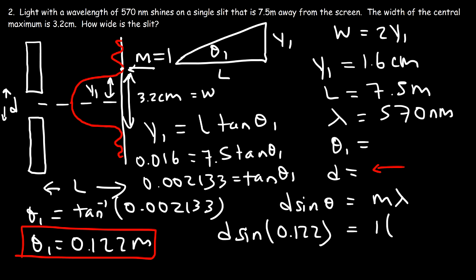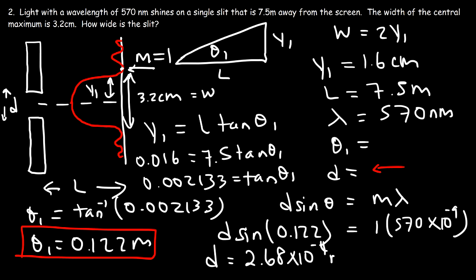And lambda, that's 570 times 10 to the negative 9. So it's 570 times 10 to the negative 9 divided by sine of 0.122. And so in this example, D is 2.68 times 10 to the negative 4 meters. So if we divide that by 10 to the minus 3, that's about 0.268 millimeters.